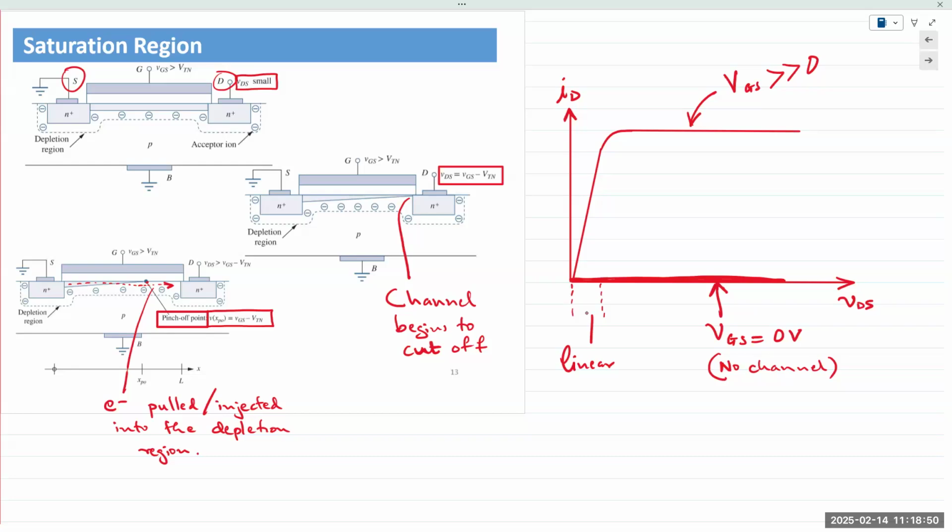Let me understand. The question being asked is if VDS was greater than the absolute value of the pinch off voltage, in the pinch off region. If VDS was greater than the pinch off voltage, it would be VGS greater than threshold voltage.